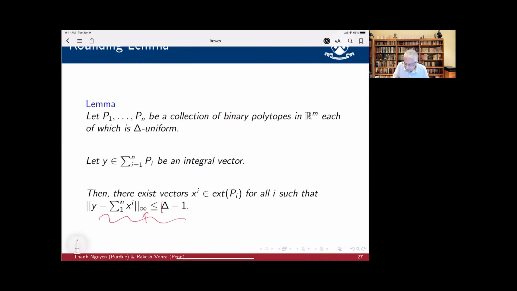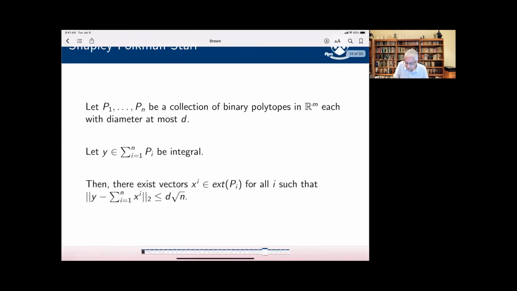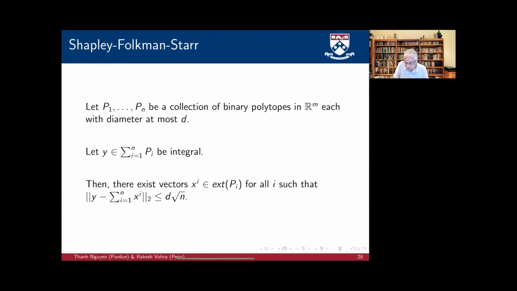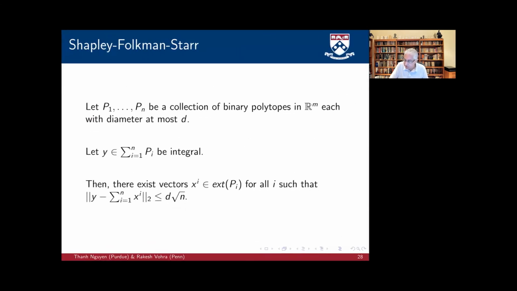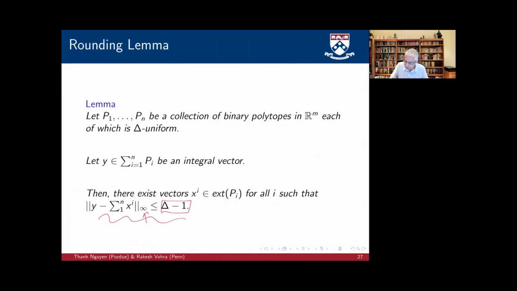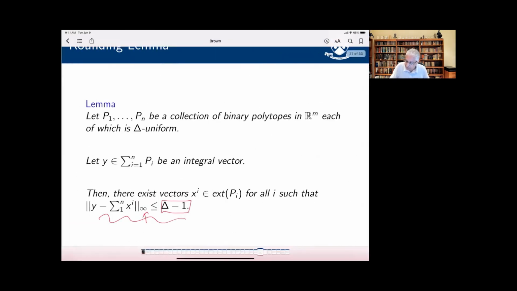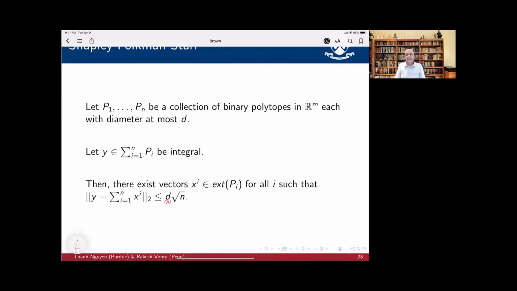Okay? So this is our bound, the L infinity norm. Now let me look at the classic version of the Shapley-Folkman-Starr lemma. Notice it's a similar setup. The bound is on the L2, but it is in terms of the diameter of the polytopes rather than the edge lengths. Sorry. The bound here is in terms of the diameter rather than the edge lengths.